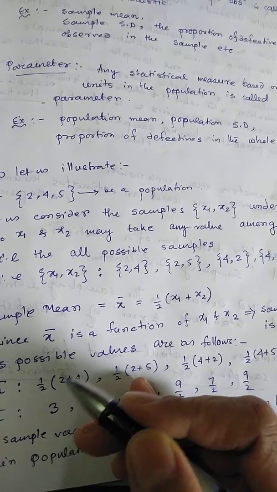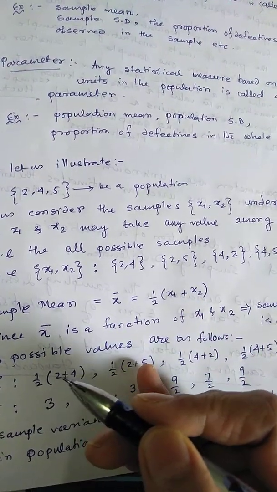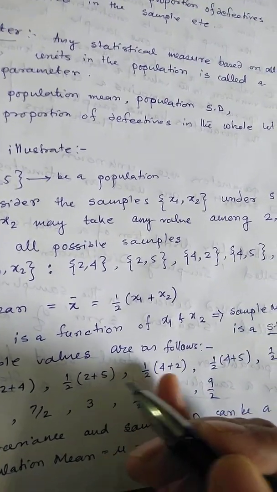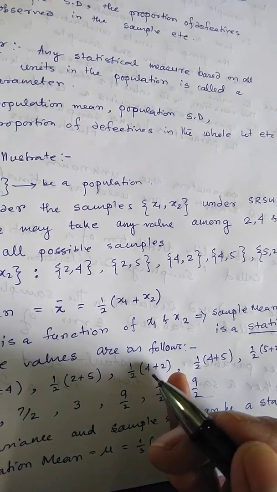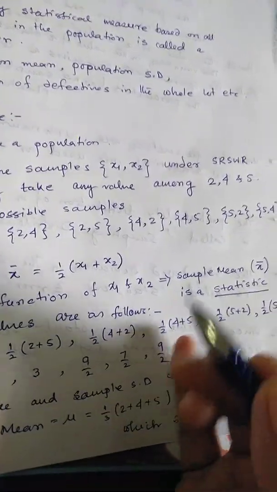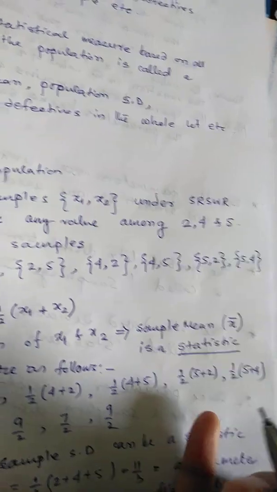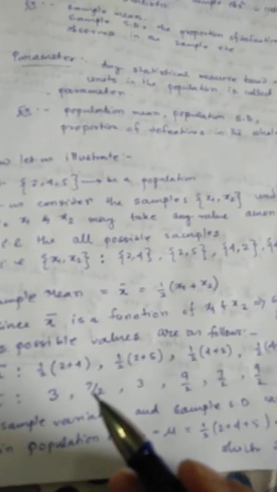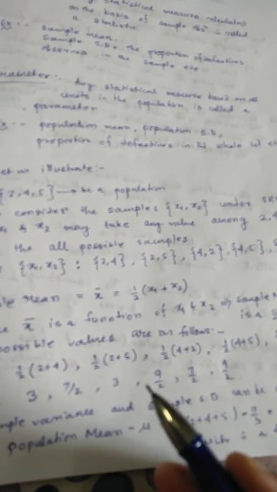For the first sample it is half into 2 plus 4, for the second half into 2 plus 5, for the third half into 4 plus 2, next half into 4 plus 5, then half into 5 plus 2, and half into 5 plus 4. After calculation we get the values 3, 7 by 2, 3, 9 by 2, 7 by 2, 9 by 2.